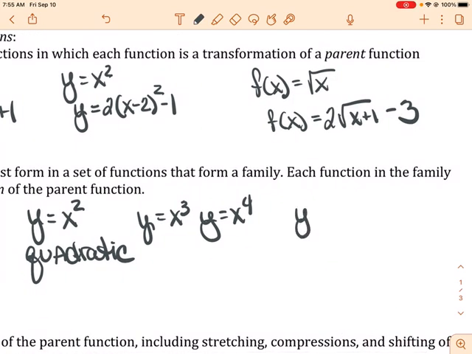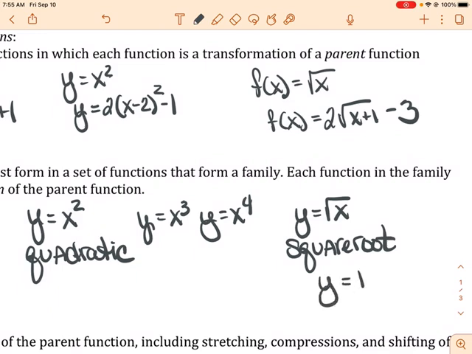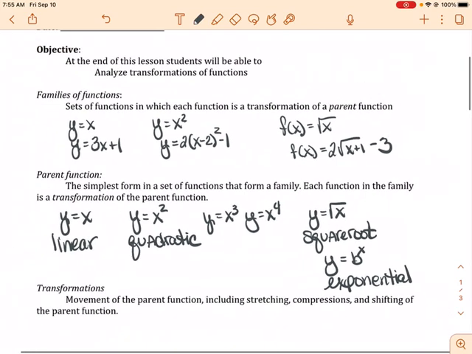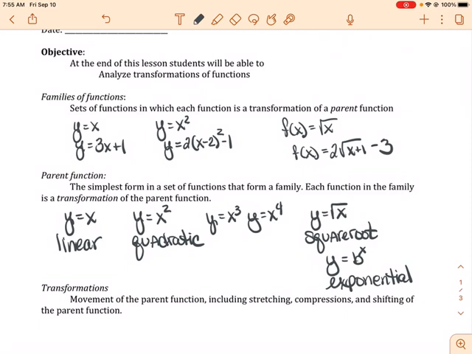You have y equals the square root of x for the square root functions, and y equals a base to the x for exponential functions. There is a whole slew of families that we're going to be talking about, but everything is based off the parent function, which is the original with no adding, subtracting, multiplying, or dividing applied to that function.